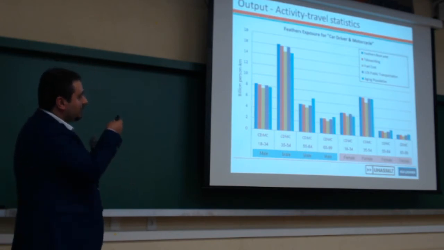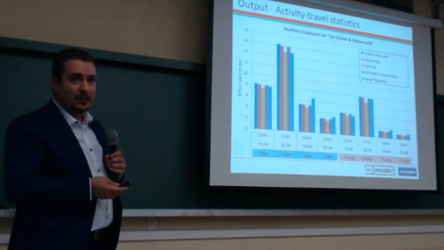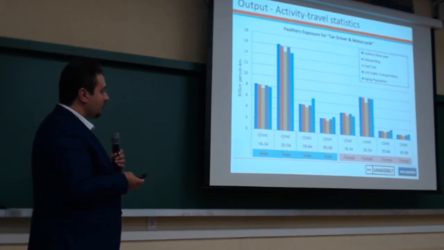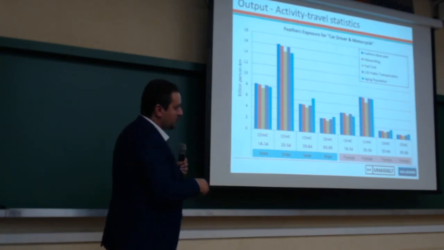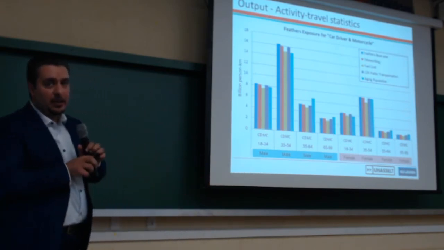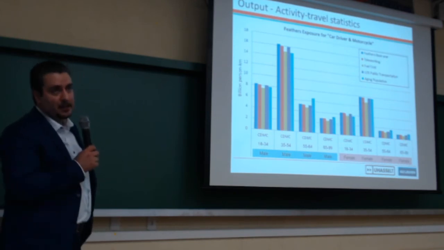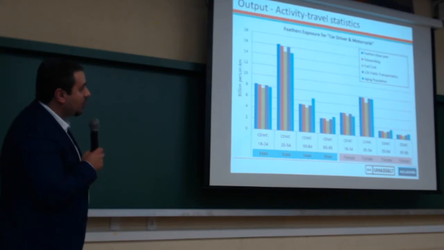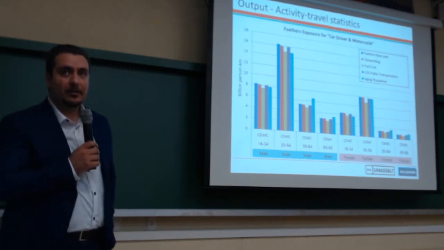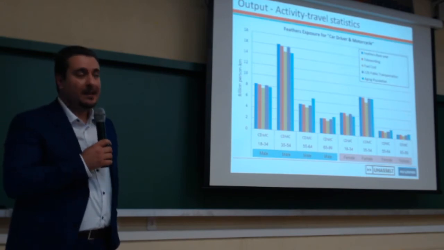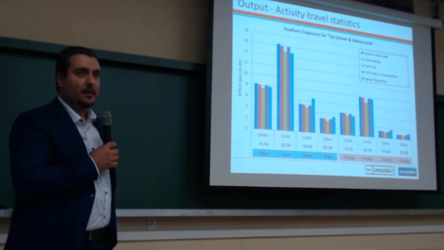Okay, here, just talking about outputs. As I said, the first type of output that we can have is different types of activity travel statistics. So, here from the below, we have male versus female. What you can actually observe here is that males in general, as a car driver or motorcyclist, are more active in this specific type of activities.